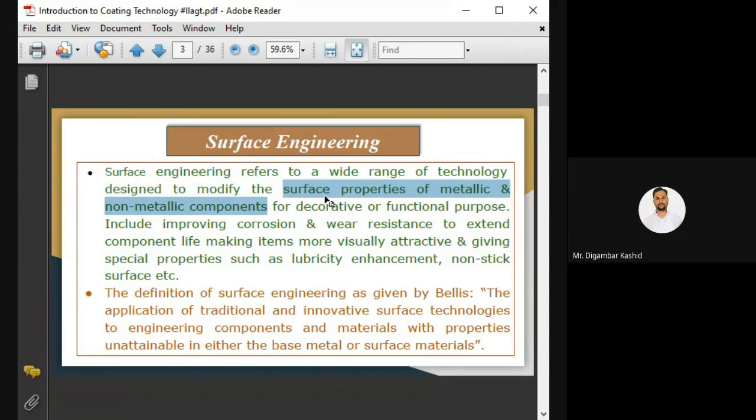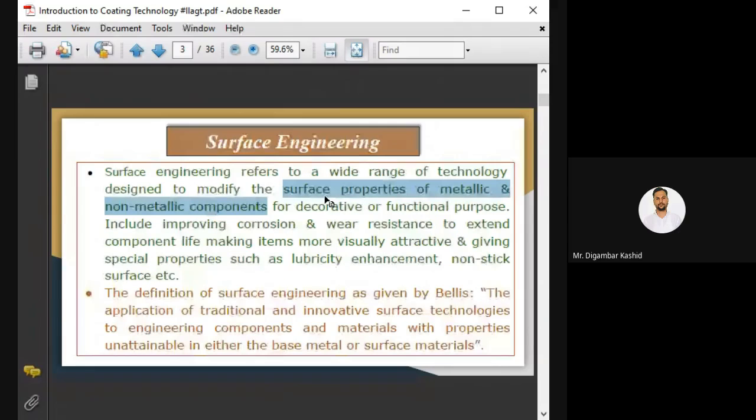Okay, now for what purpose are we going to alter the surface properties of the metallic or non-metallic component? For a functional or a decorative purpose.